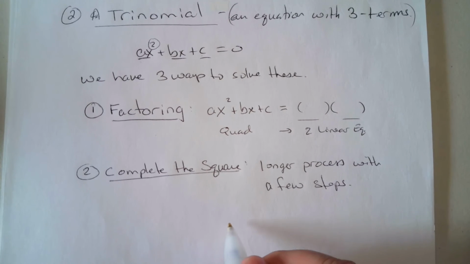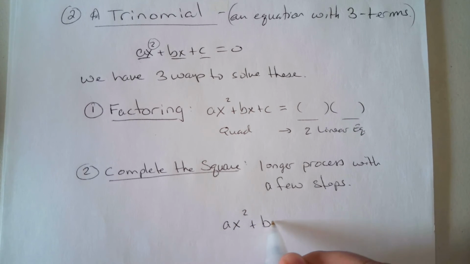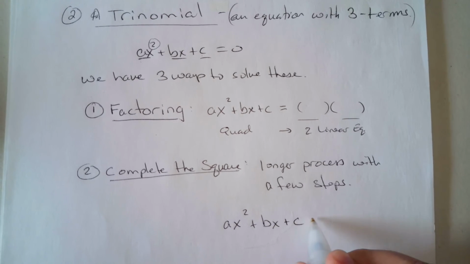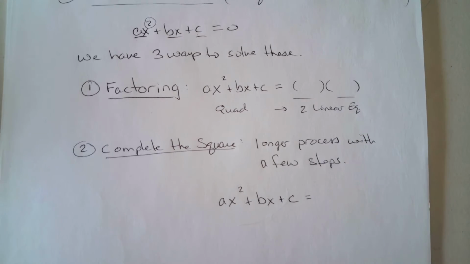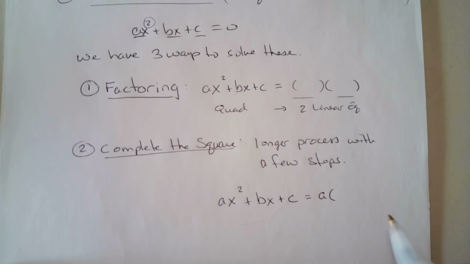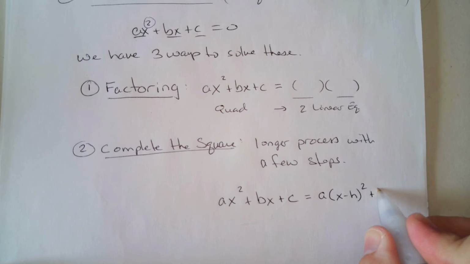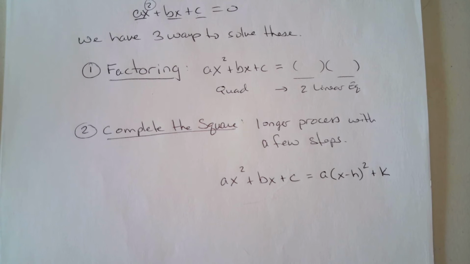So what we do here is we start off with a quadratic equation, and then through a process of steps we'll convert it to an equation that looks like that.